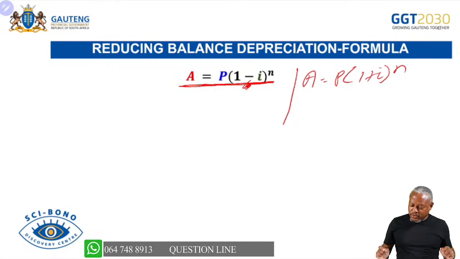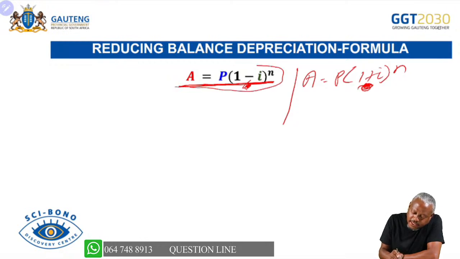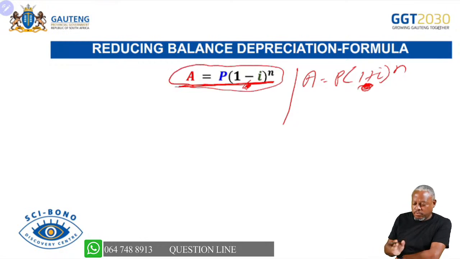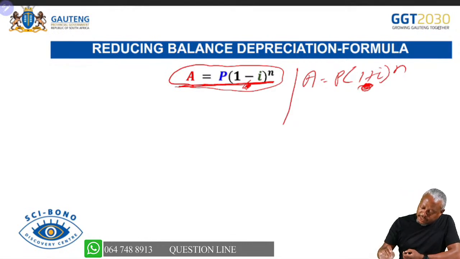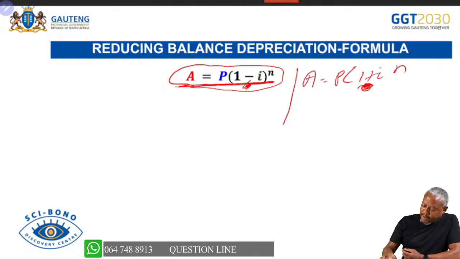Those of you who are doing business, and this one we add, appreciate, plus. So look at the two differences. So here, in the reducing balance depreciation formula, the word depreciation tells you what to do. So you must always check, please. It means it will decrease. Now let me erase this one because I was just reminding you of this.